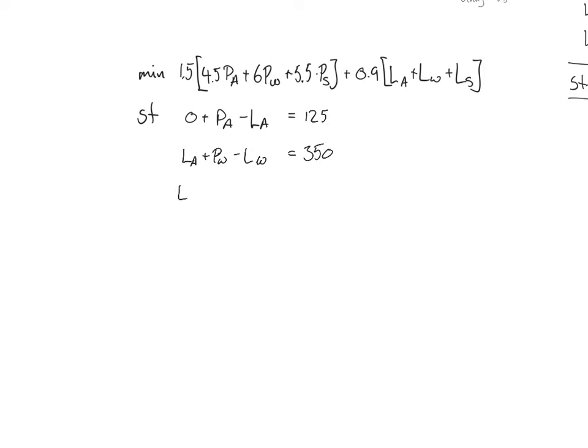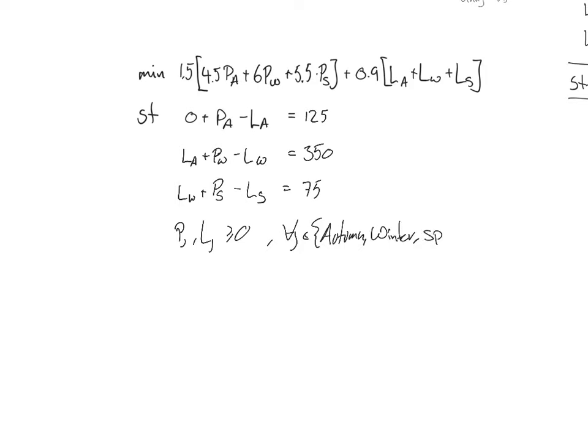And for the last period in the spring, we need the ending inventory plus the production in the spring minus the ending inventory in the spring. That needs to be equal to 75. And Pj, Lj greater or equal 0 for all j in autumn, winter, spring. So that's the linear programming model for the sweatshirt case.